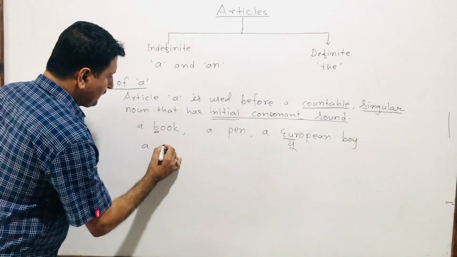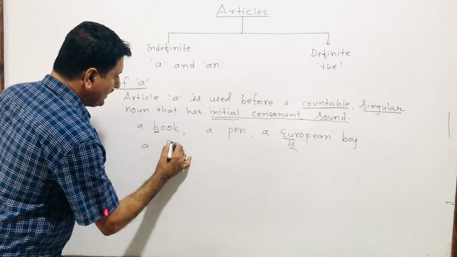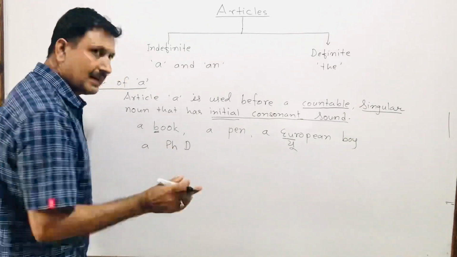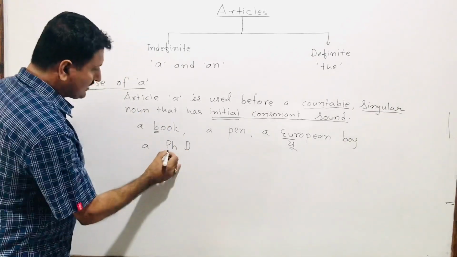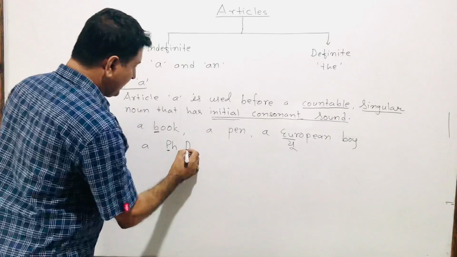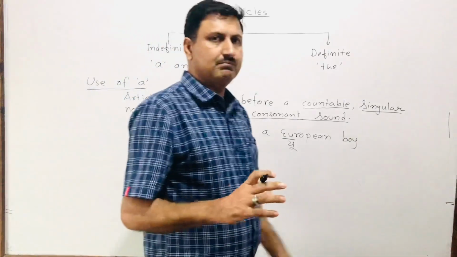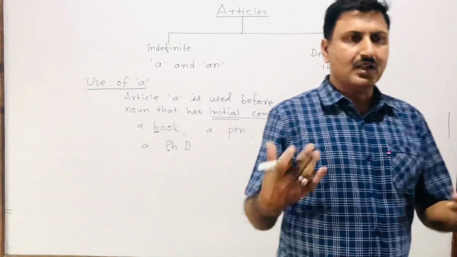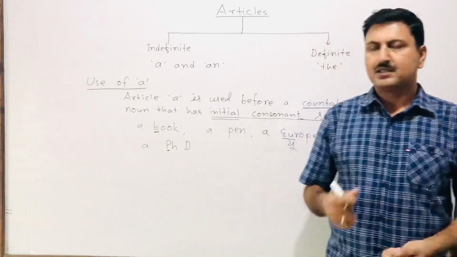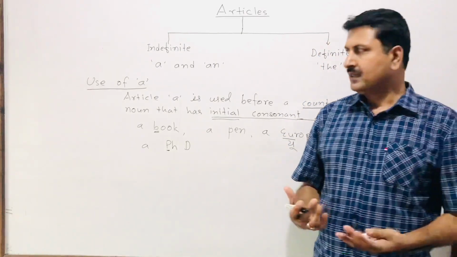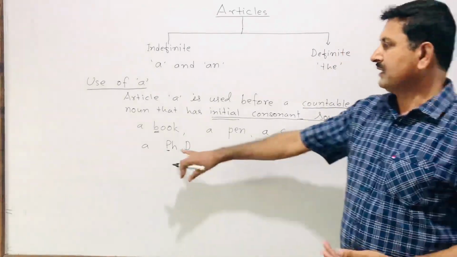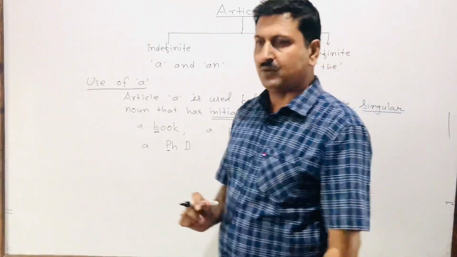Or PhD, as I have earlier explained to you, P has a consonant sound, or PhD, intelligent, or a doctor, one doctor, singular, 1, 2, 3, 4, we can count the doctor, and it has an initial consonant sound.